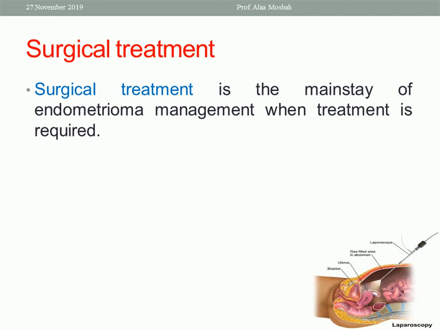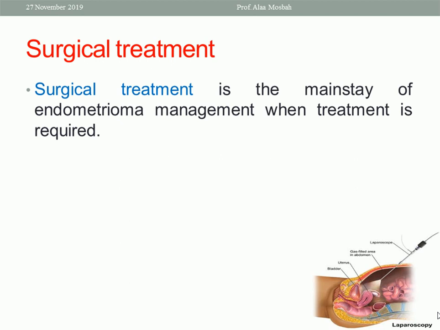Some believe it must be done after the size of 4 cm of endometrioma. There is controversy about whether to do surgical treatment or not in ovarian endometrioma according to the size, the fertility, the symptoms, the age of the patient, according to many factors.